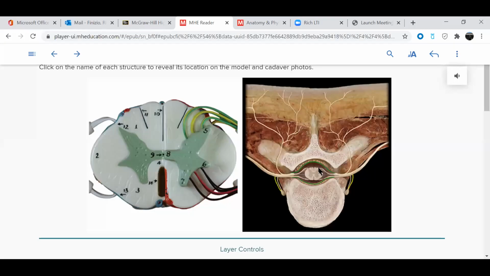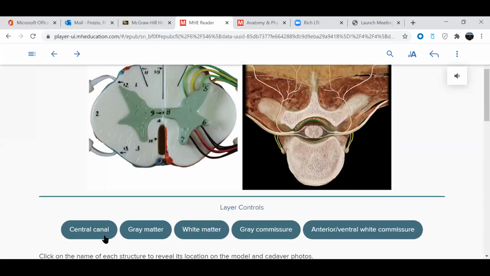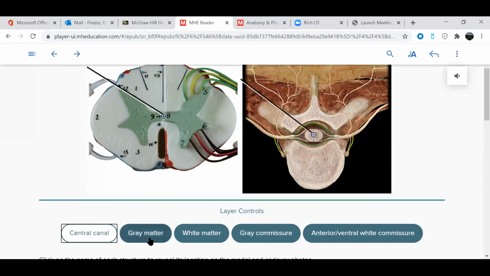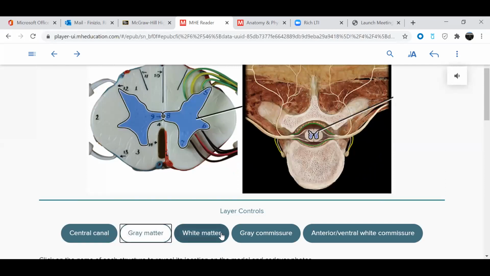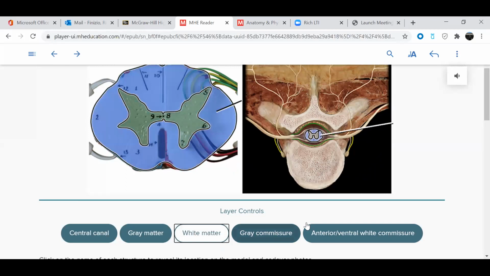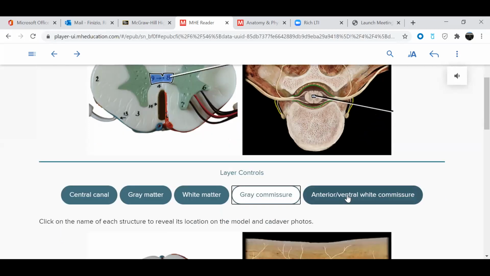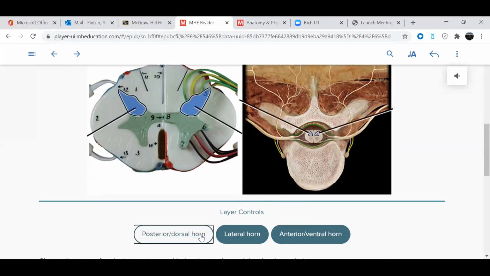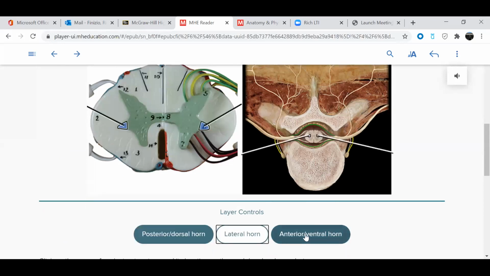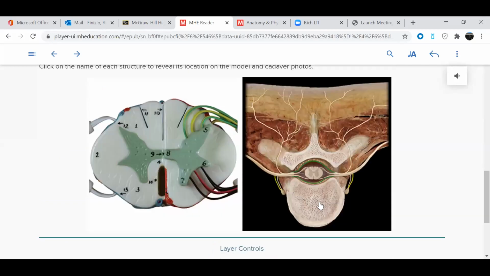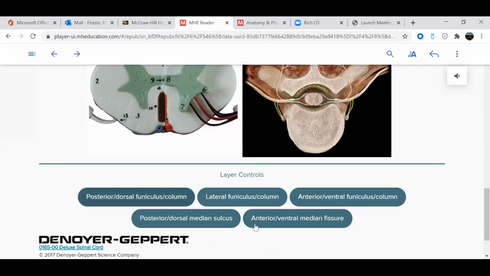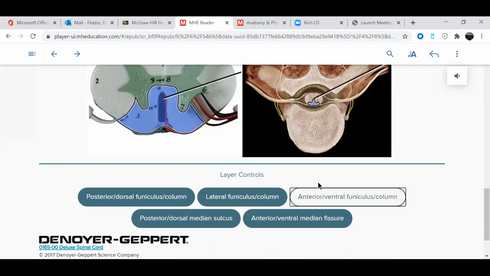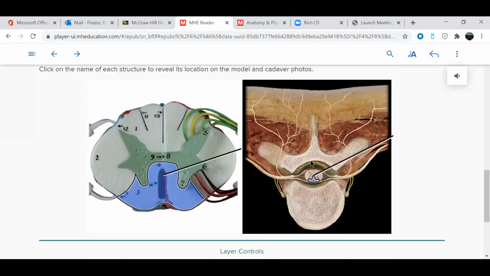So this is the spinal cord models, and very good. Central canal. Yeah, this is good. This is usable. Gray commissure. White commissure. This is good. Funiculus, again, the whole path through, and it shows you the real anatomy, which is excellent.